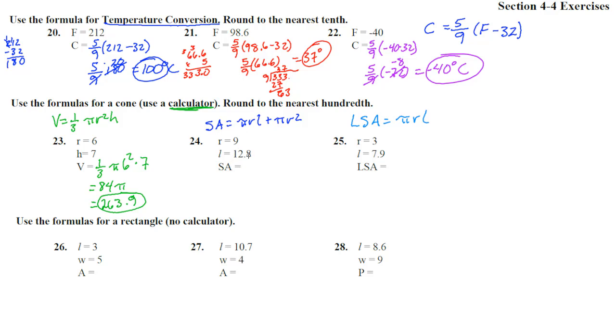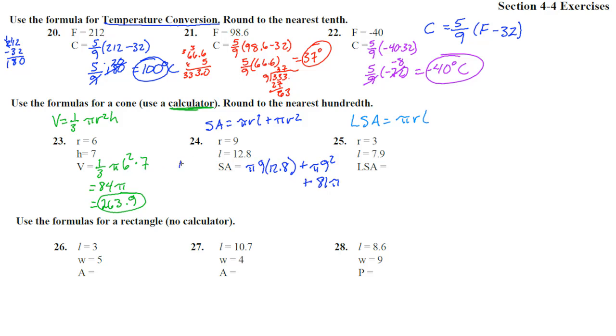Number 24. SA is going to be pi times r times L, so 12.8, plus pi times r squared. That's 9 squared, to the second power. So we know this one. This one's nice, 81 pi plus, and then 9 times 12.8.